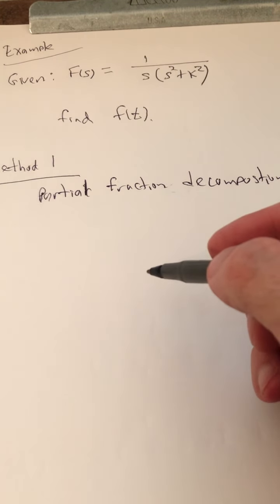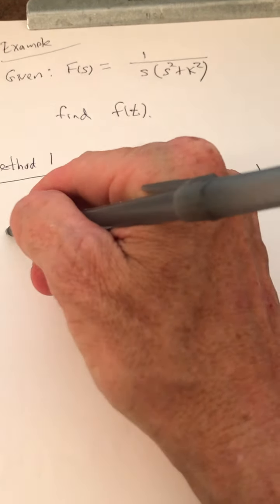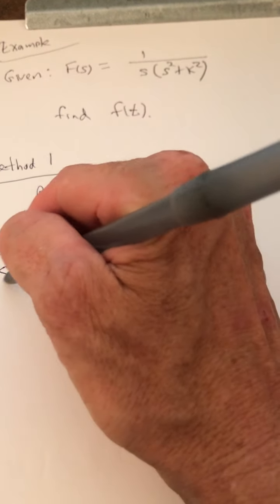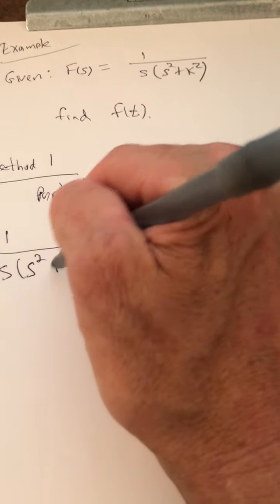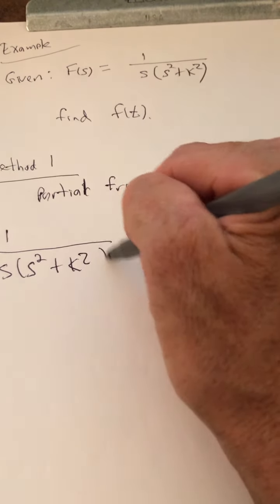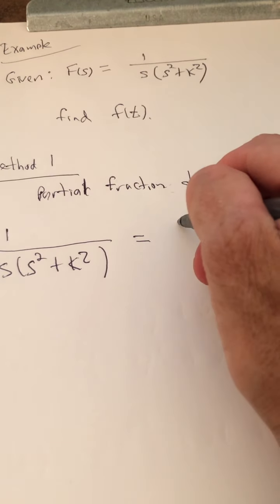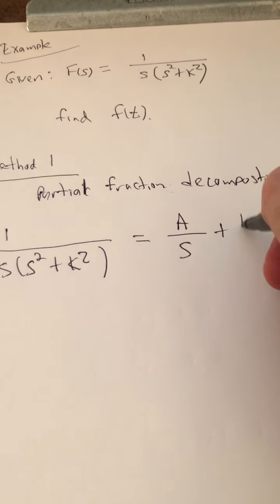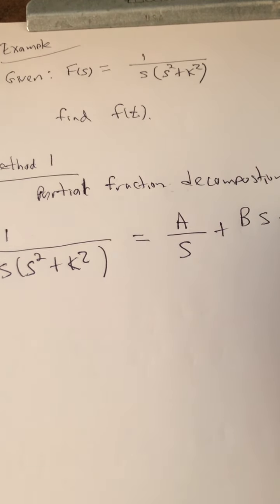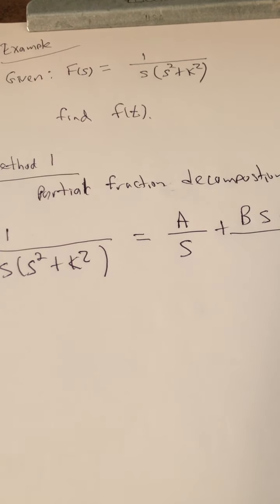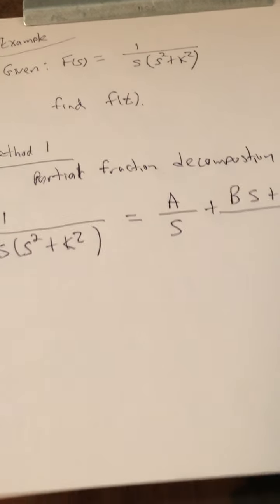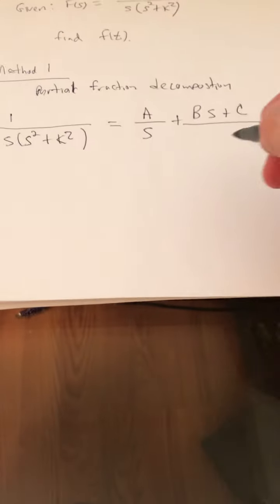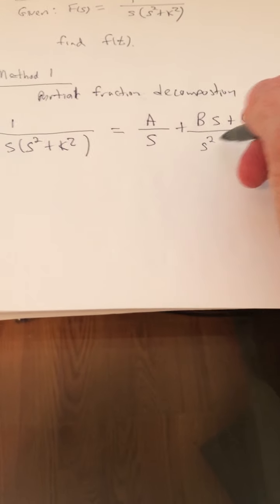So what ends up happening is this: 1 over s times (s squared plus k squared) breaks down as A over s plus (B s plus C) all over (s squared plus k squared), where k is a constant, of course.